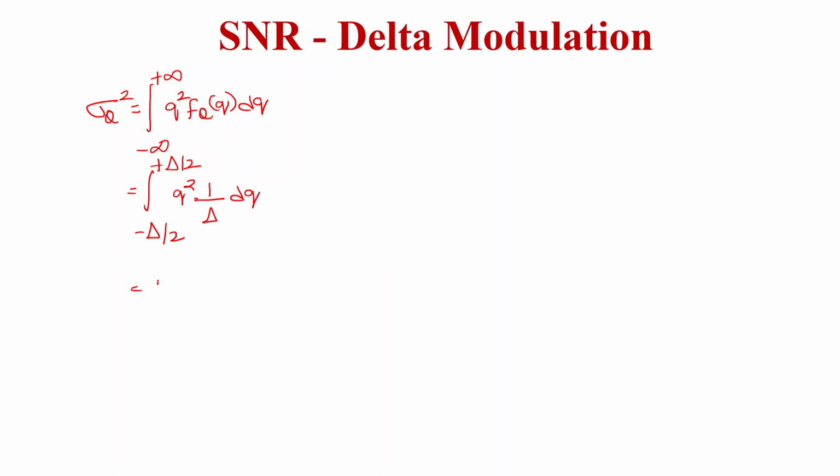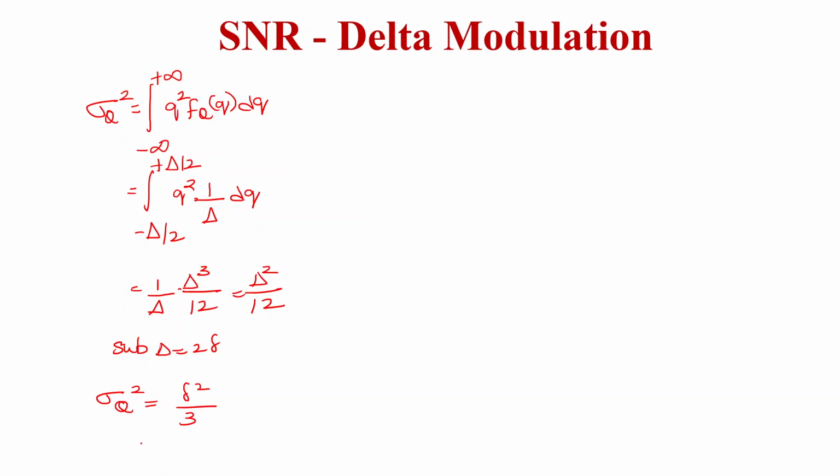Take 1 by delta common, integrate and substitute the limit, you get delta cube by 12, so this is delta square by 12. Now substitute the value of delta as 2 delta, so sigma q square is equal to delta square by 3. This is the variance of the noise.